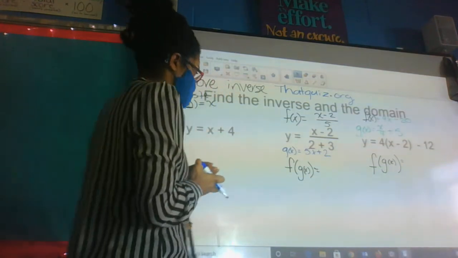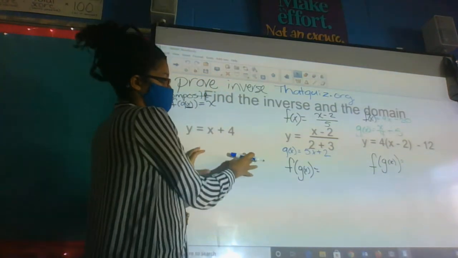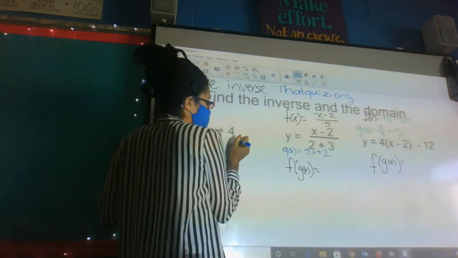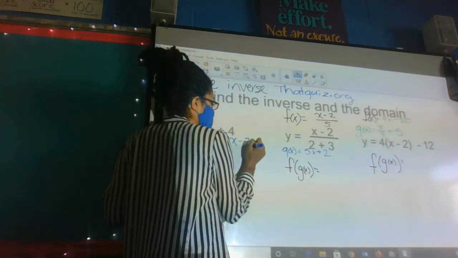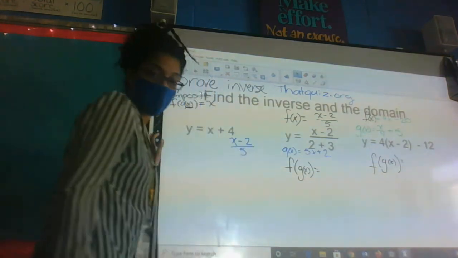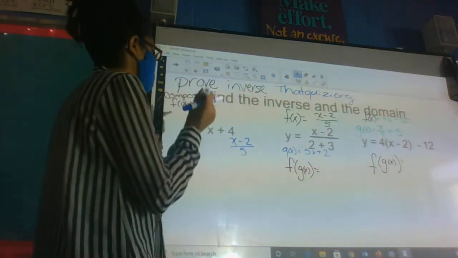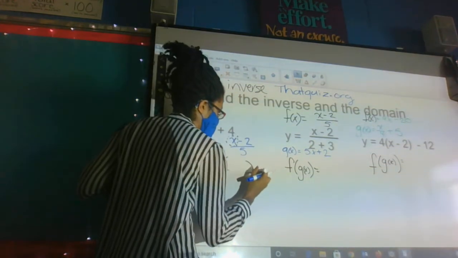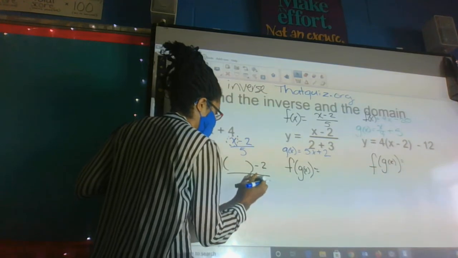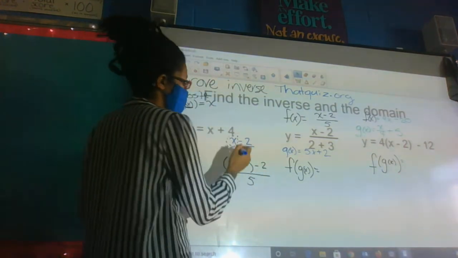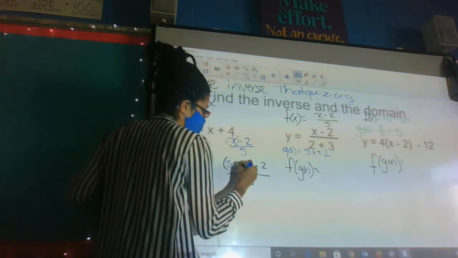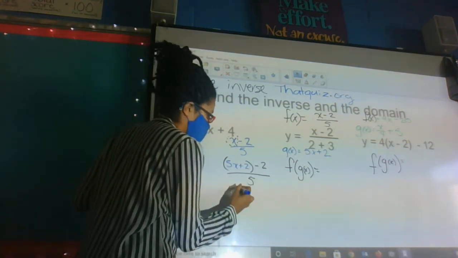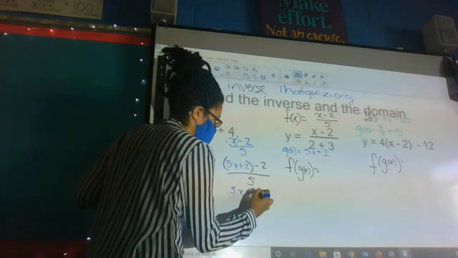So I'm gonna take, just for the sake of space, I'm gonna do it over here so I can have this whole thing right now. So I'm gonna take my f function, and instead of my x, I'm gonna replace it with my entire g function. So then I get 5x plus 2 minus 2.